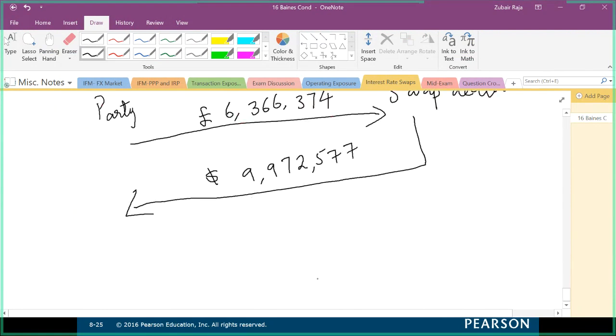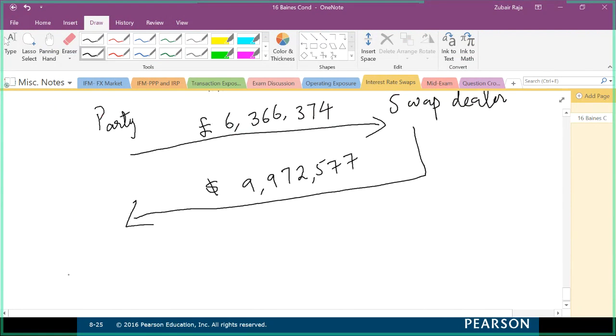Clear? Now, the final settlement happens only in case of a net payment, right? So net settlement happened in this way. Net settlement.